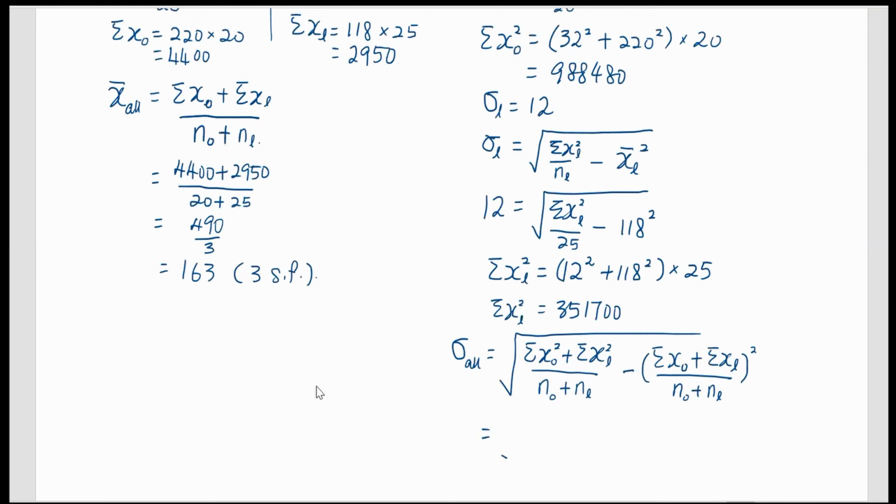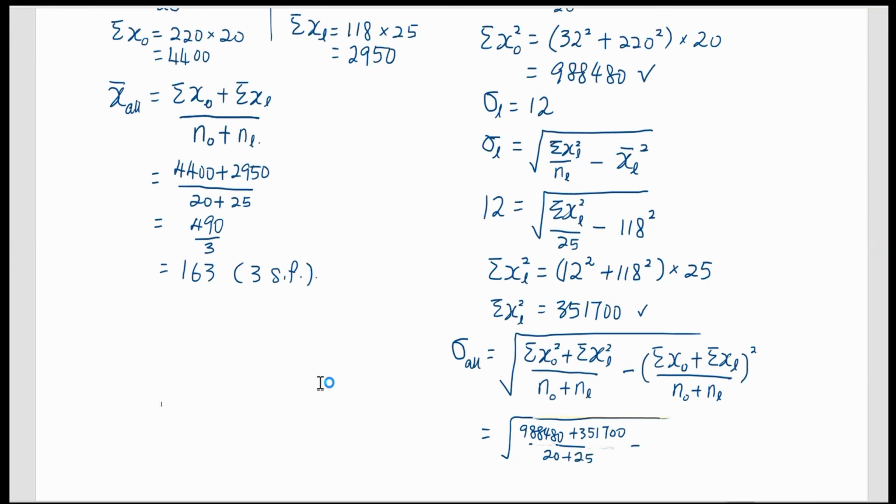So with the values we have, sigma x squared for the orange is found to be 988,480. Then for the lemon, sigma x squared is 351,700, divided by total 20 plus 25.